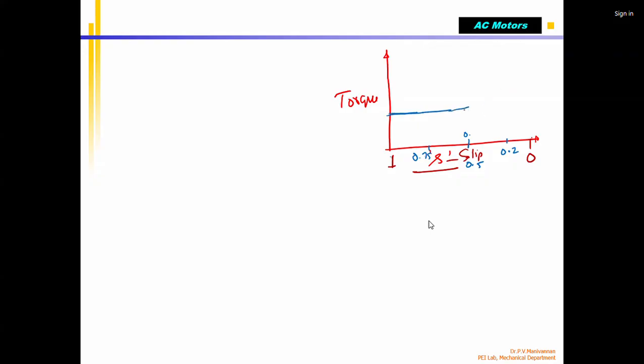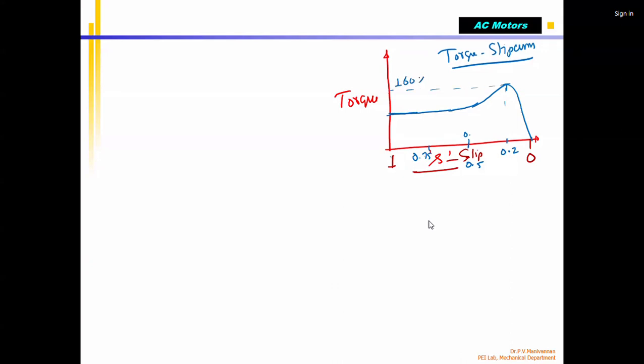After that, it starts increasing. It peaks at 0.2. Maximum torque is generated when the slip value S equals 0.2, then it drops quickly like this. This is the torque versus slip curve. And we can say the peak maximum is 160%.